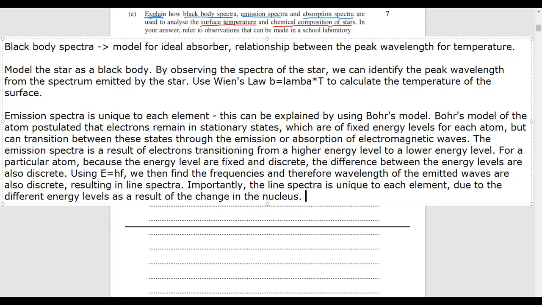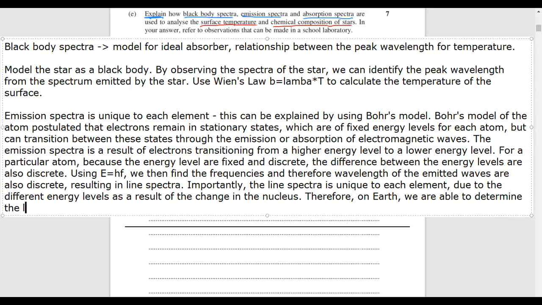You've got a hydrogen, which is 1 proton, you've got a helium, which is 2 protons, and so on and so on. So because the nucleus has changed, the energy levels have changed. Because the energy levels have changed, the difference in the energy levels have changed. So the frequencies have changed, and the wavelengths have changed, so your line spectrum is different. Okay? So therefore, on Earth, we are able to determine the line spectra for each element.